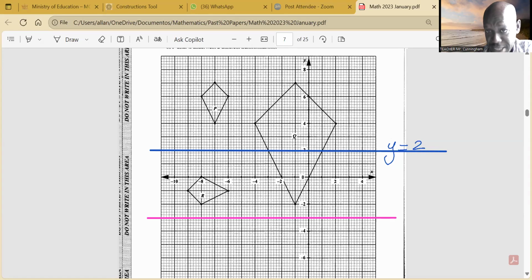What is it passing through? The y-axis. What number on the y-axis? Look at that carefully. It's passing through -4, -2.